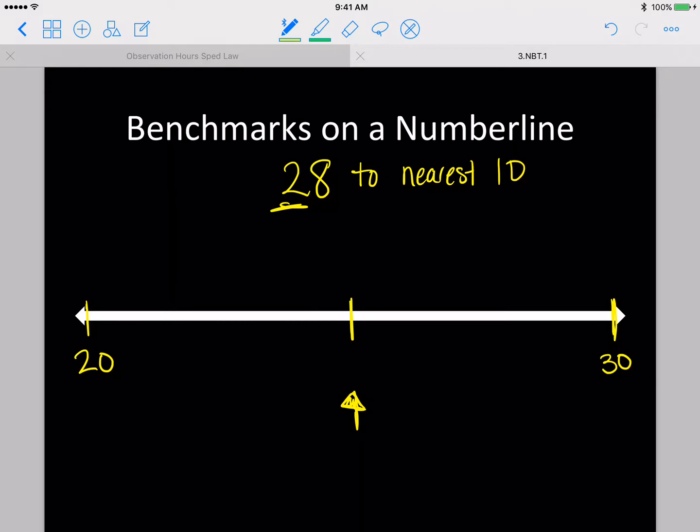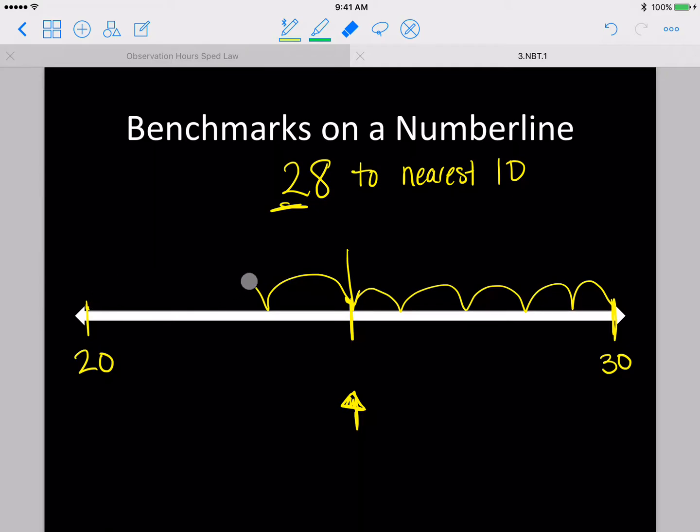So if we have a number line that has a range of 10, what's in the middle of that? If I'm taking 10 jumps to get to 30, 1, 2, 3, 4, 5, 6, 7, 8, 9, 10. We're at 5 right here. So what's the number?